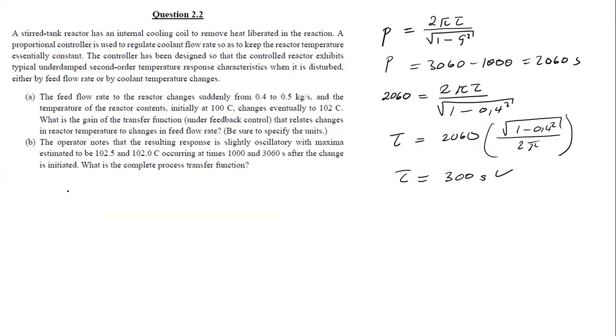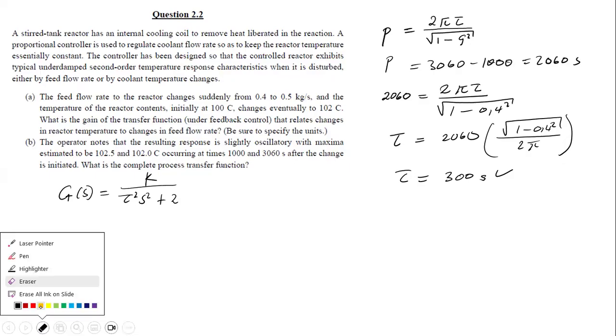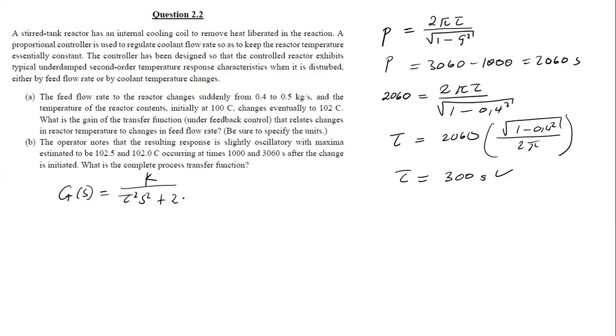Reminding you once more, the transfer function is given by this equation over here: K over tau squared s squared plus, remember we have two variables over here, 2 tau times the dampening factor, multiplied by s, plus 1.